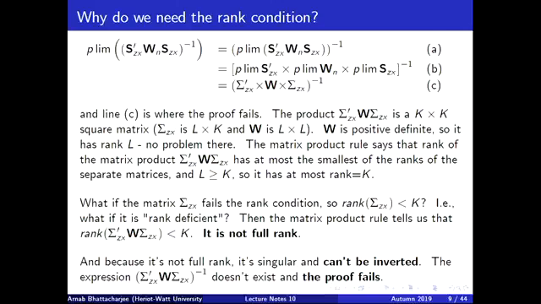So what was this guy? We have seen this earlier. So the probability limit of this: we can take each of these terms separately and take the inverse. The probability limit of this is Sigma_ZX prime, and this is Sigma_ZX, and this is W. So this is sort of like the inner product of this covariance matrix, right? And that has to be full rank.